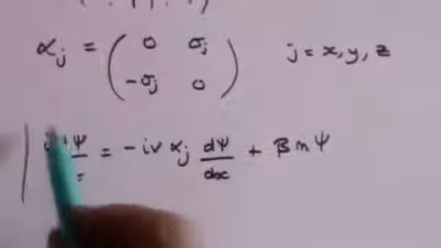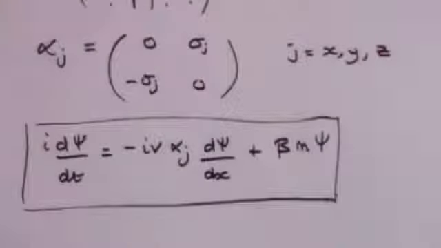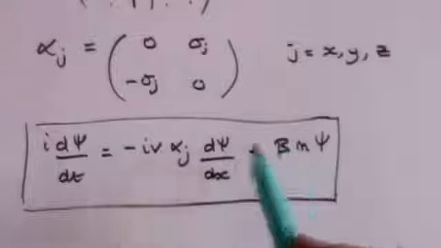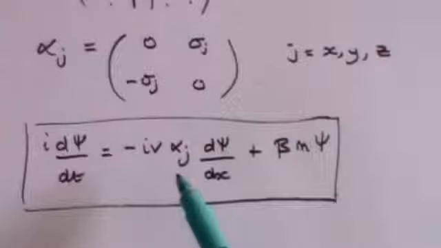And that is the Dirac equation for 3 dimensions, where you need beta, you need 3 forms of alpha, alpha x, alpha y, and alpha z, each of which will take into account its respective Pauli matrix.